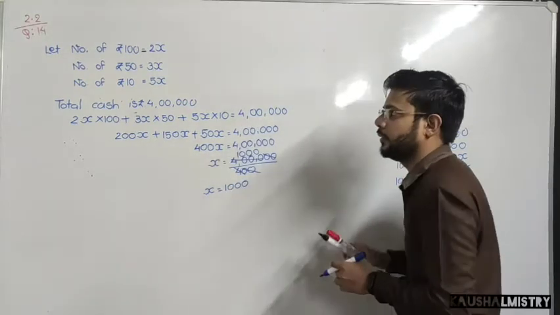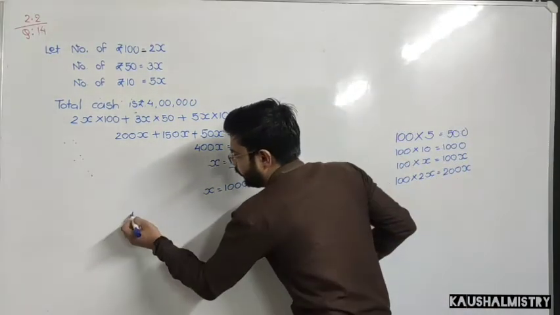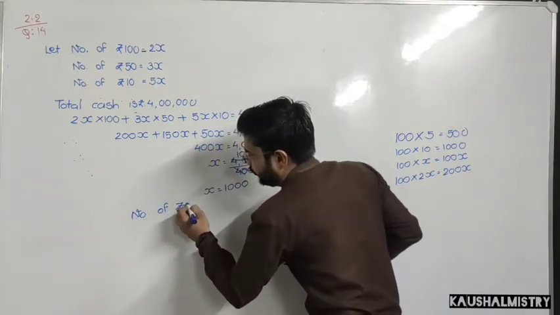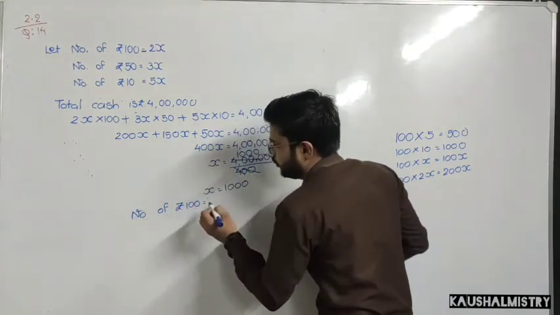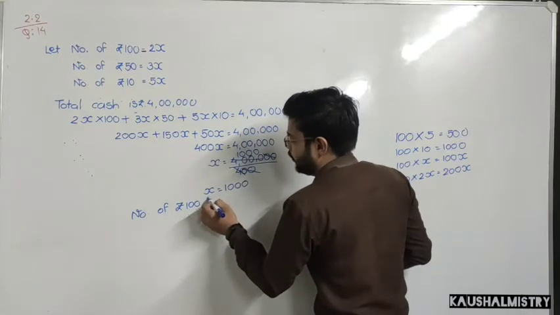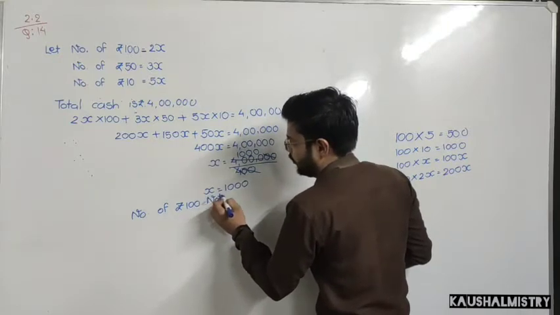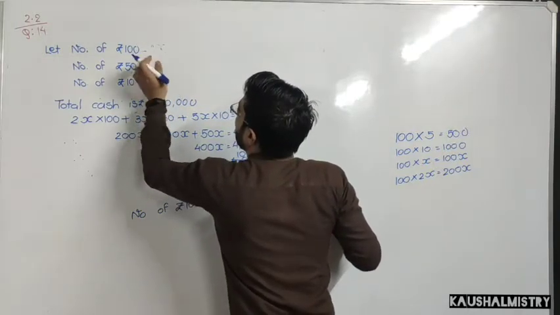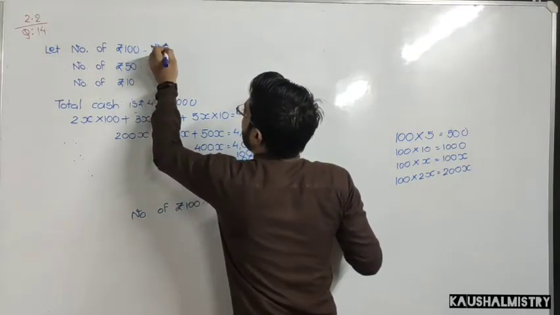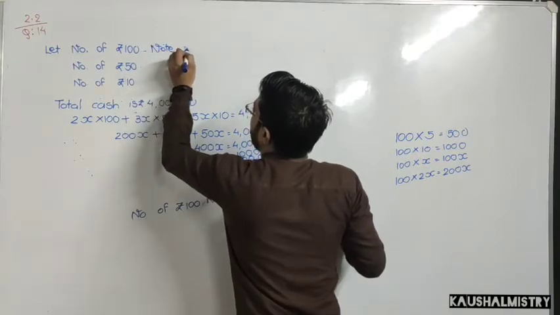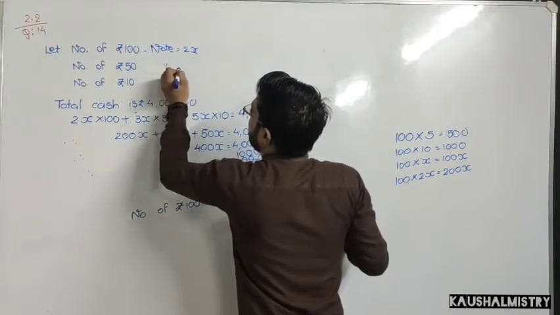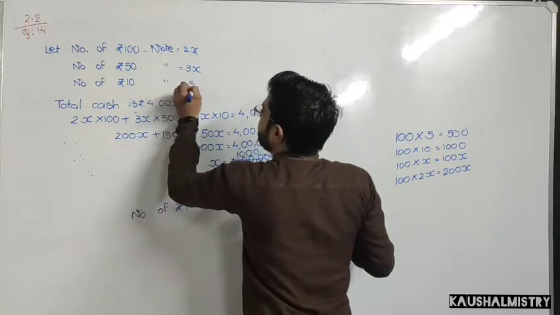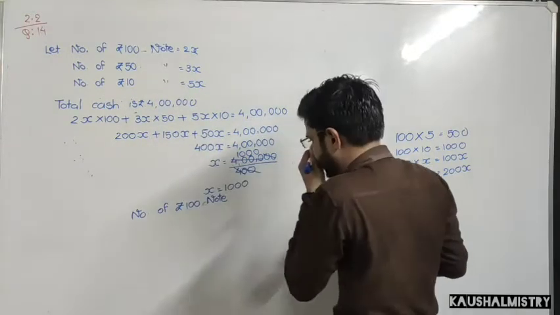That means the number of 100 rupees notes, here we have assumed it to be 2x, here it will be 3x, and here it will be 5x, right?